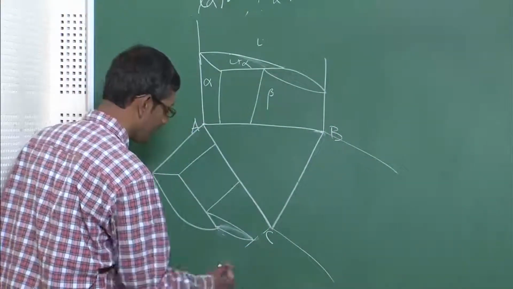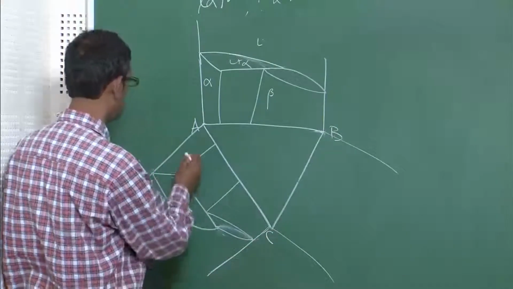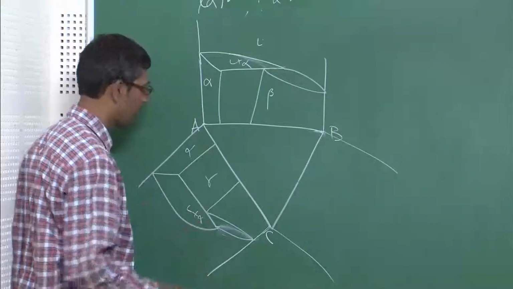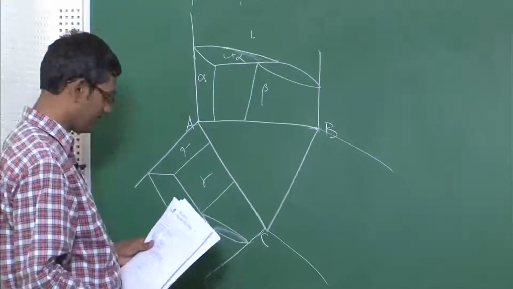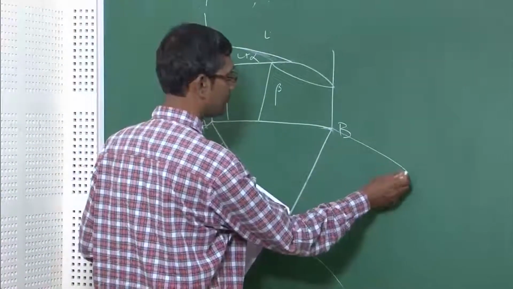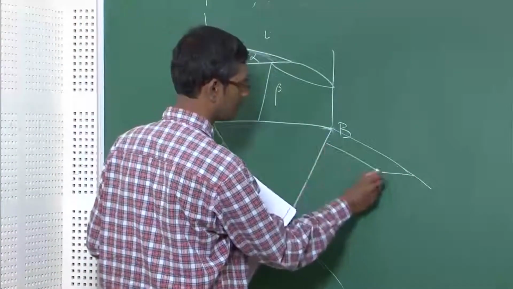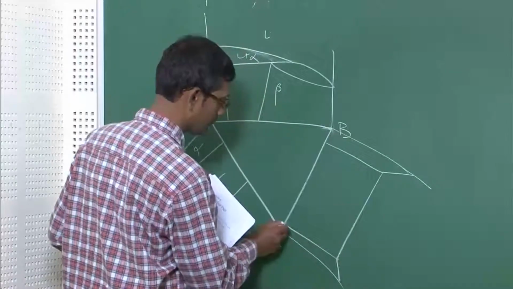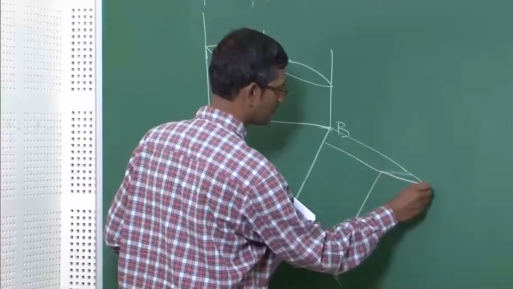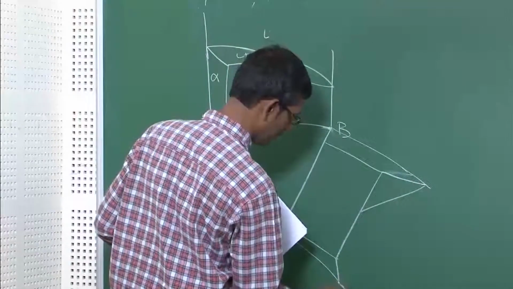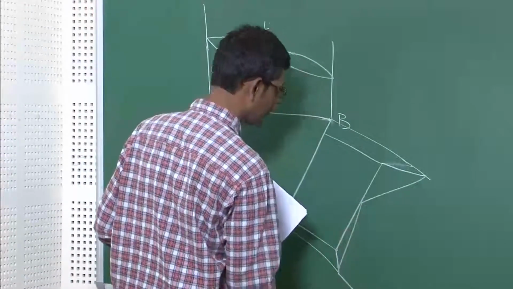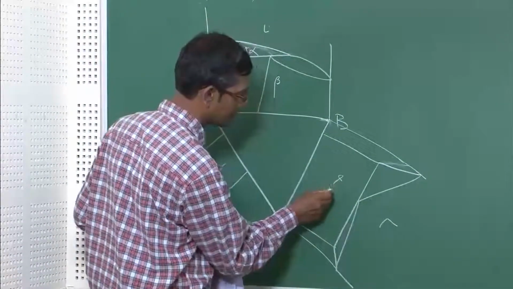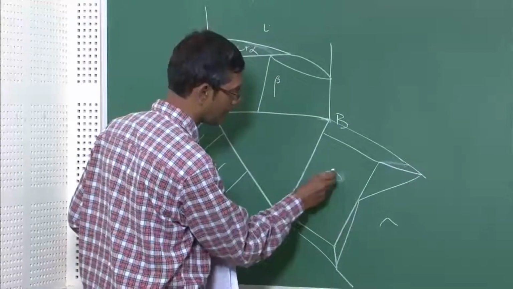So, this is the peritectic reaction, this is alpha, this is gamma, the liquid plus alpha, right. But on the other hand, between B and C you have a eutectic reaction. So, this is the eutectic reaction, this is beta plus gamma.